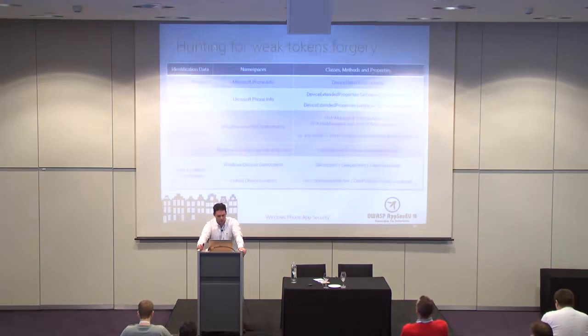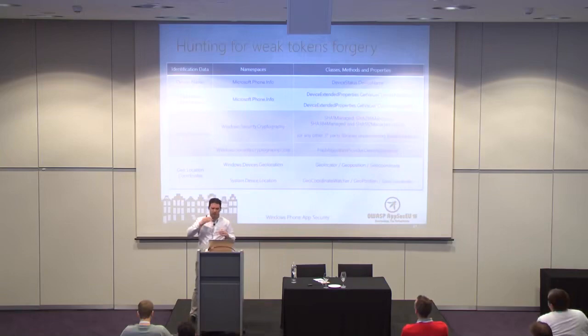So when we have to hunt for this kind of issue, my suggestion is to look at methods, classes, and properties that are available to obtain any data that may identify the device, such as the name of the device or some hardware ID.